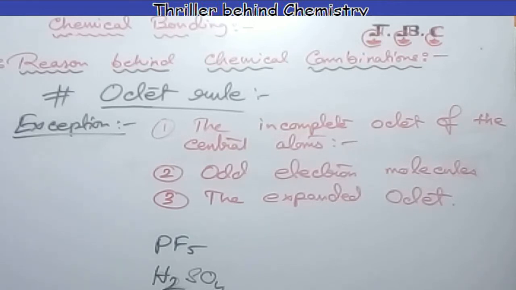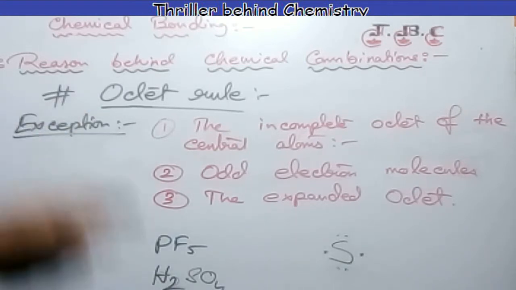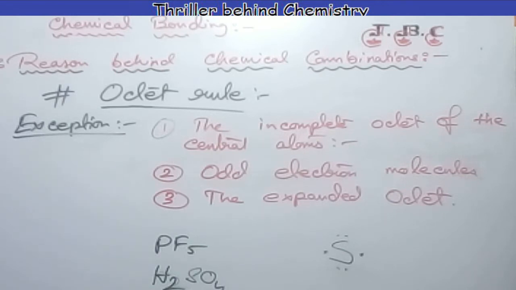So here the sulfur is the central atom, which has 6 valence electrons, 1, 2, 3, 4, 5, 6, and 4 oxygen atoms, each of which has a tendency to make double bonds for attaining the stable electronic configuration.